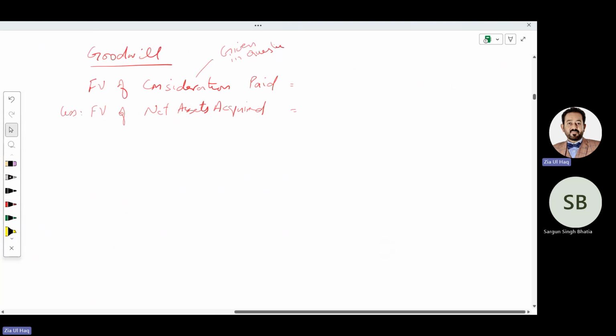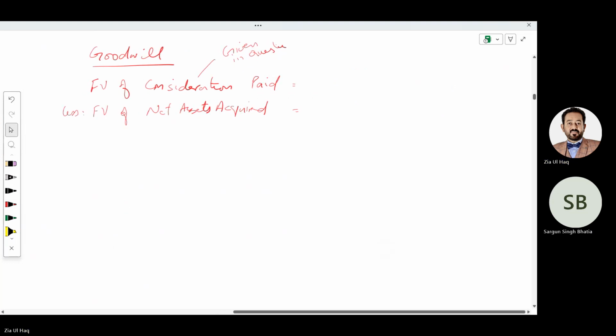What does that mean? Suppose Virat Kohli is using a bat. The value of that bat is say 10,000.